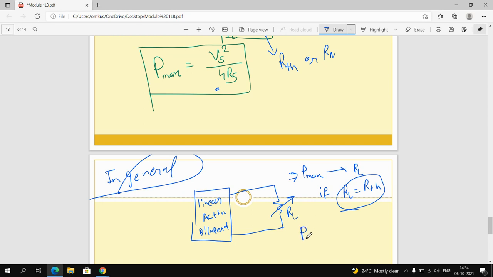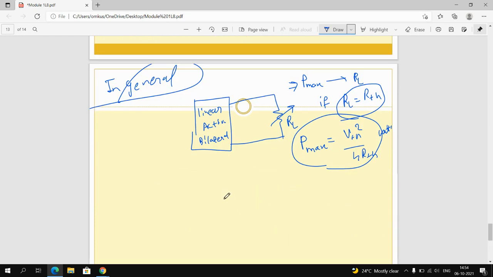And what is the formula we already saw above, that is Vth squared divided by 4 Rth, and this is in terms of watts. When you observe this in terms of a graph, you will find the power dissipated by the load versus load resistance.